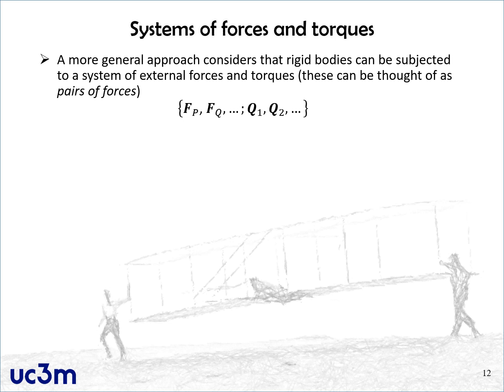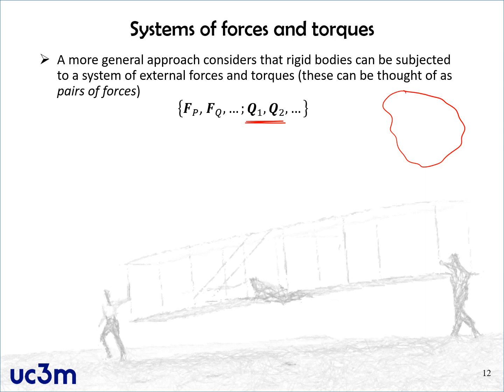Now, finally, we can generalize everything that we have said so far about systems of forces if we also allow for the possibility of having external torques. So what does one of these external torques look like? Essentially, it's a torque that is not applied on any particular point. It's just an interaction that exists between the rest of the environment and our rigid body.